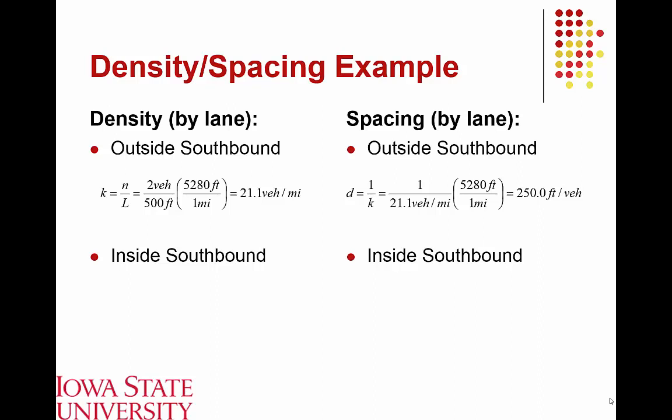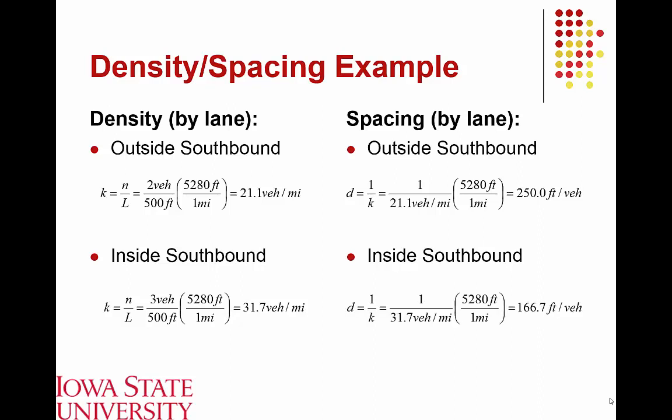Similarly, for the inbound lane, where we had 3 vehicles over that 500-foot distance, we see a greater density of 31.7 vehicles per mile and an associated spacing of 166.7 feet per vehicle.